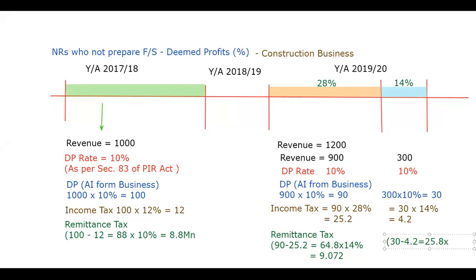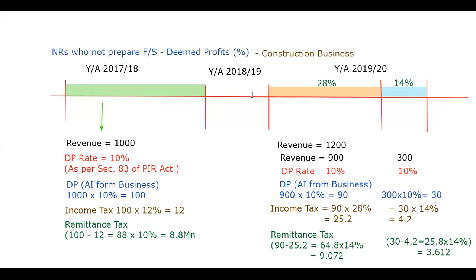Then into 14%, because the remittance tax didn't change, the amount is 2.612. Yes, 25.8 into 14% is 2.612.